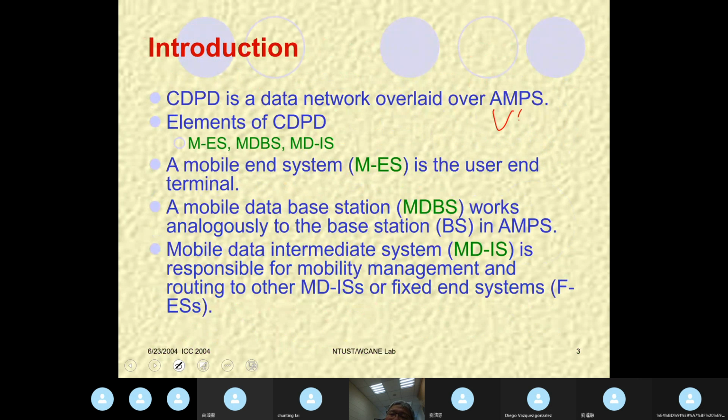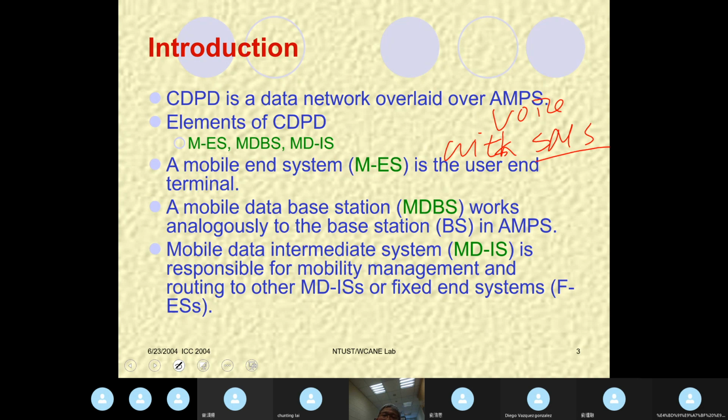Originally, this is a voice system with SMS, short message service, and no further data. So CDPD tries to provide rich data service, and targets to be a data network overlay over AMPS.